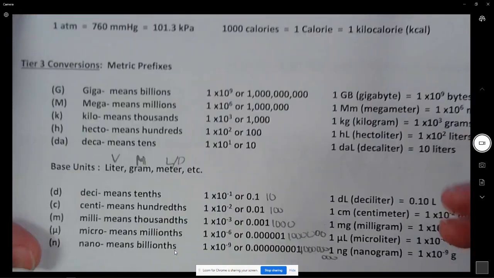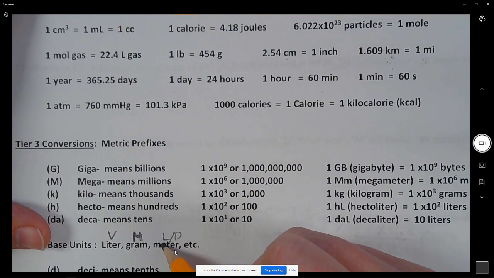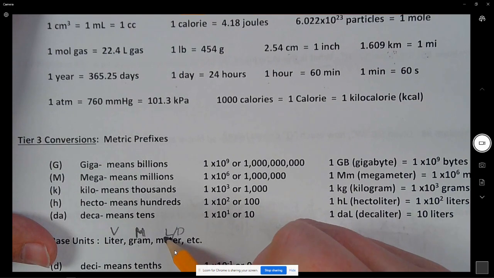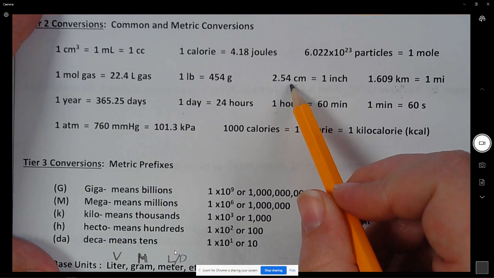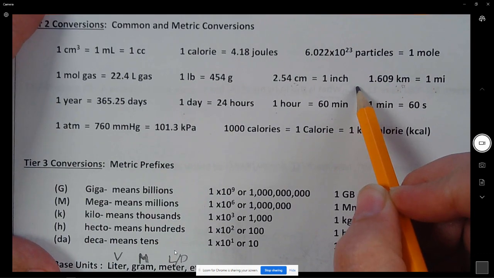So I can go from kilometers to my base unit, then from my base unit to centimeters, then from centimeters to inches. This is why this section is extra credit.